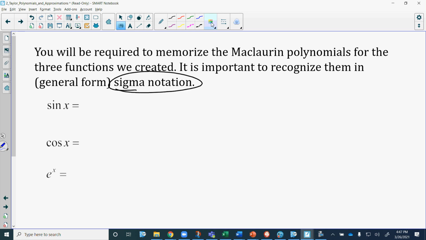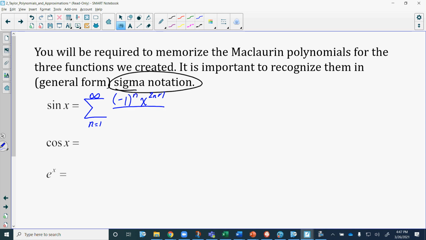So for sine of x, where n equals 1 to infinity, we had something alternating, so negative 1 to the power of n. And then here, because we were using the odd degree portions, we said times x to the 2n plus 1 to ensure that we always got an odd expression.